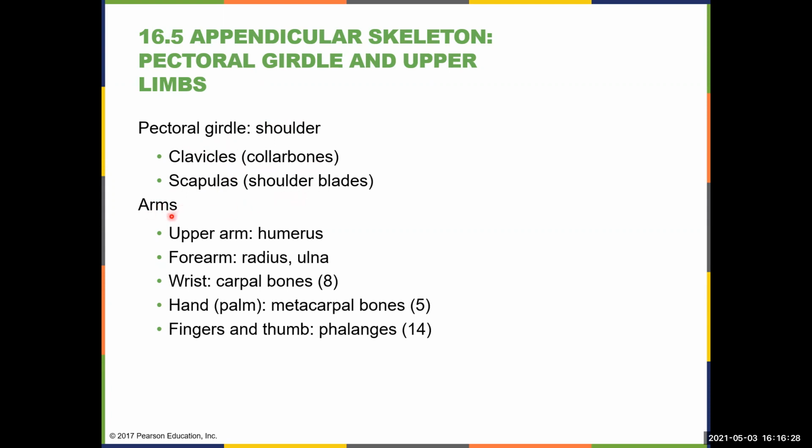And then your arm consists of the humerus, which is your upper arm bone, your forearm, which is the radius and the ulna. Your wrist has 8 carpal bones. Your hand or your palm has 5 metacarpal bones. And then your fingers and thumbs are made up of the phalanges, which are 14 individual bones.